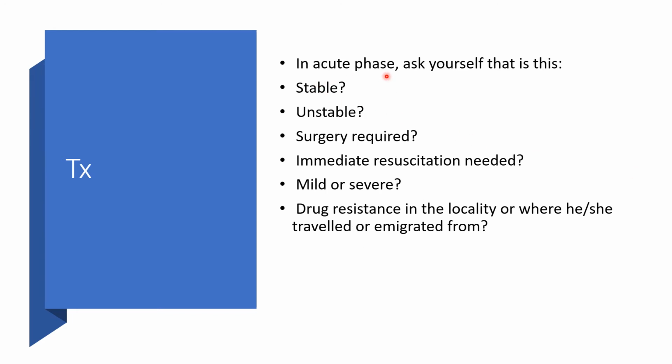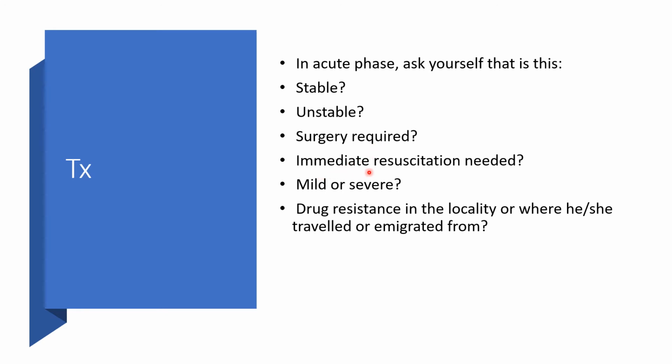In acute phase, we need to ask ourselves about certain things. Is this patient stable? If the answer is yes, okay, that's a way to go about it. Is this patient unstable? If the answer is yes, the patient is unstable, okay, then we know the direction to go. Do we need surgery right now? Am I going to write a consult to send to the surgeon?